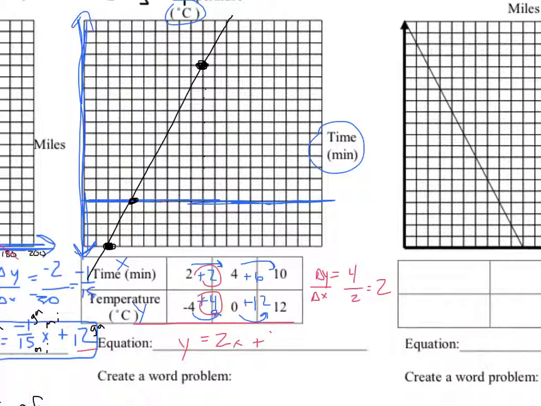Yeah, if I had put my axes in a different position or maybe counted by a different number of units so I had more space, we can see that if we extend this down, eventually this would cross the y-axis down here, but it's off our grid, so we can't really use that. So what's the other way that we know to find the y-intercept in this particular case? Jefferson. Yeah, solve the equation.